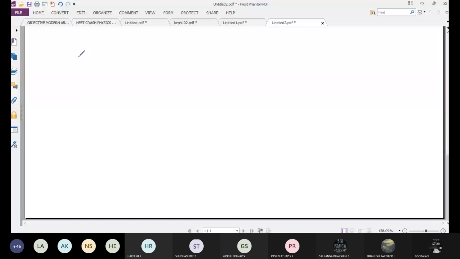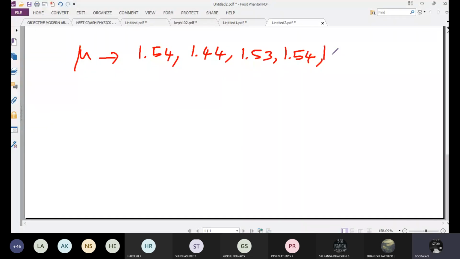Refractive index values: 1.54, 1.44, 1.53, 1.54, 1.56, and 1.45.